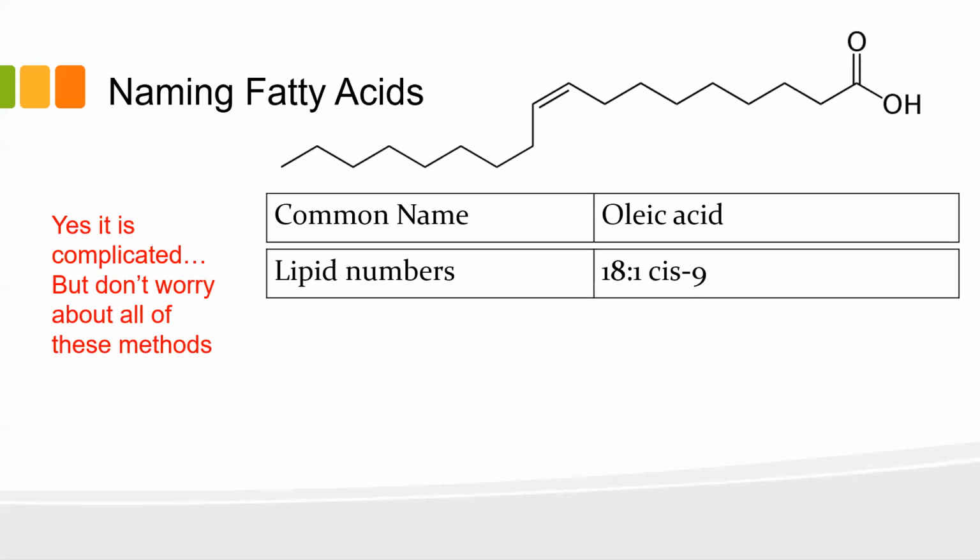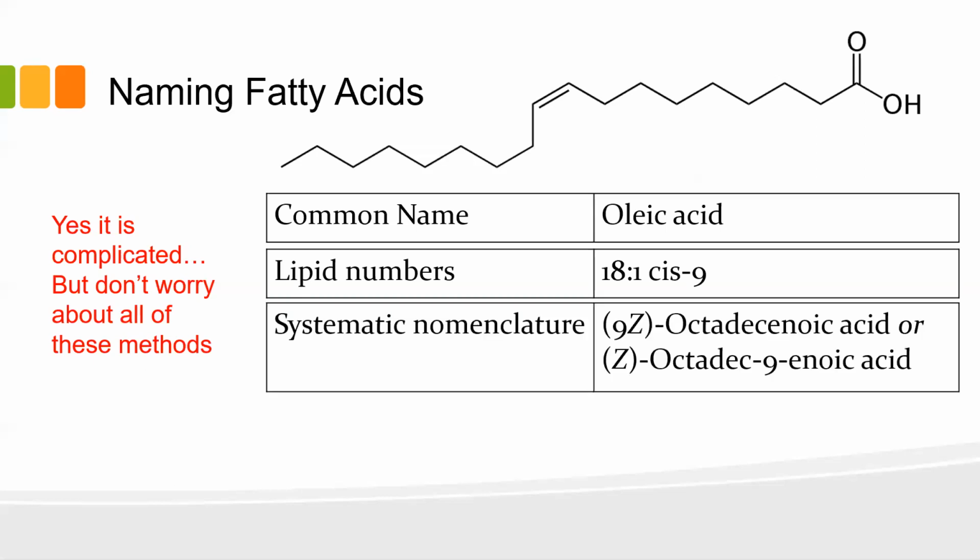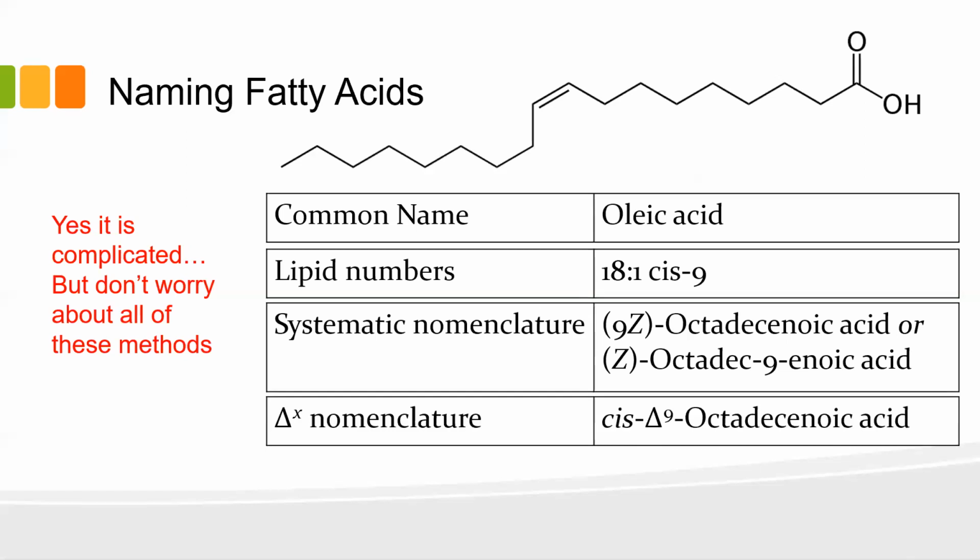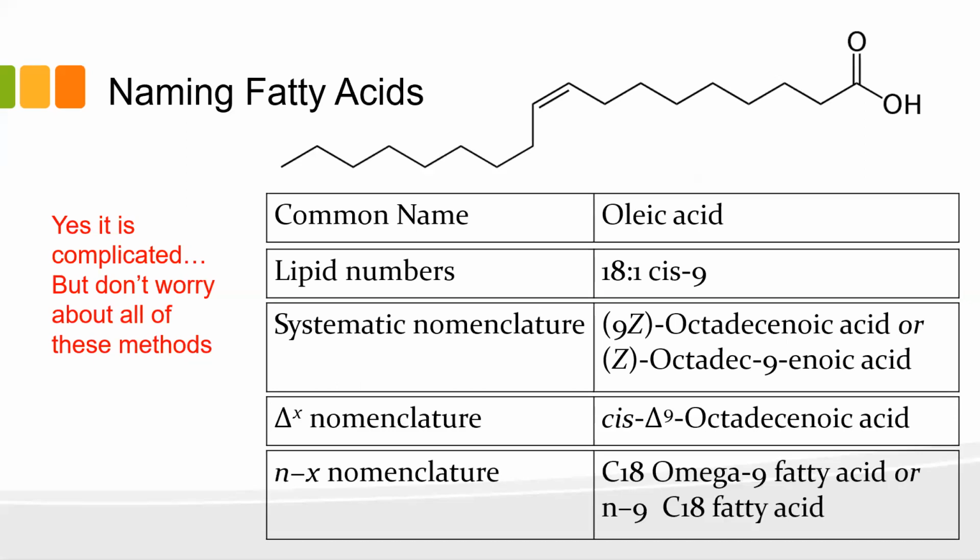Sometimes people talk about the numbers, the abbreviation, like I showed you before, 18:1 or 16:0, and sometimes we're trying to distinguish where those double bonds are. If you're an organic chemist, you name them using systematic chemistry nomenclature. And then there's the cis nomenclature, which has to do with this omega stuff. We're going to talk about omega fatty acids shortly.